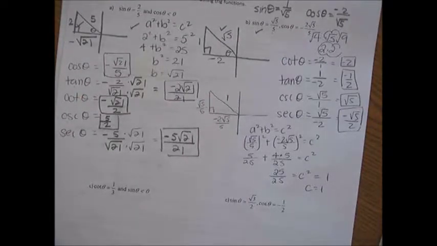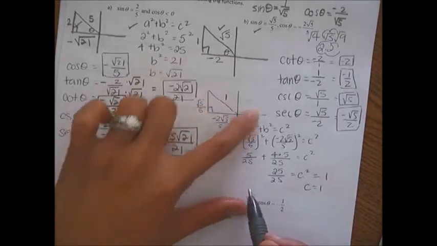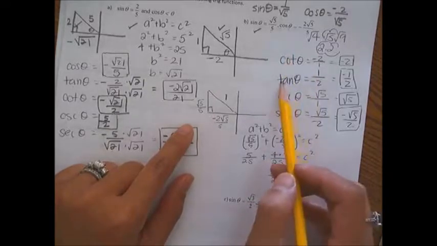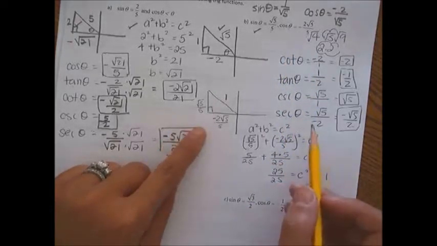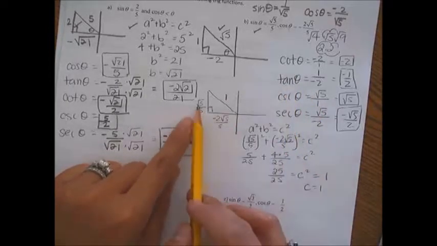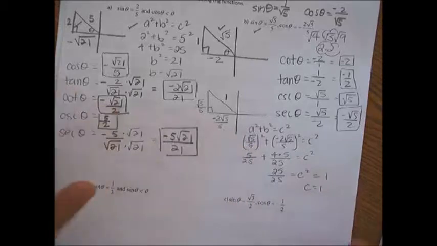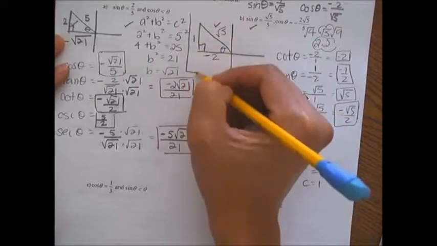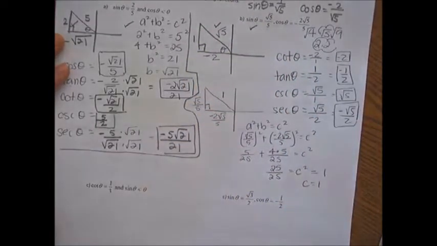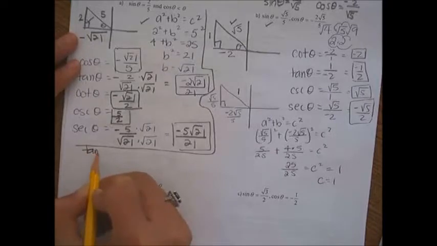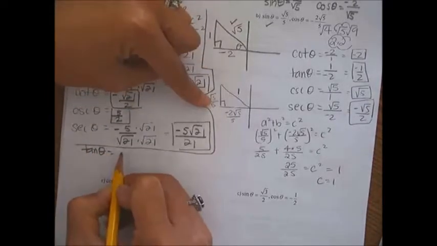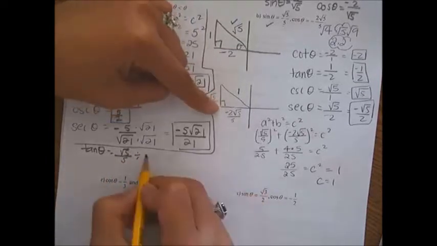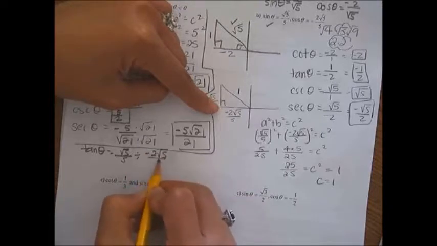So if c is 1, this tells me that this is a unit circle. If this is a unit circle, then let's see what happens when I do cotangent, tangent, cosecant, and secant. So, tangent, opposite over adjacent. Let me create some space here. Tangent of theta equals opposite, which is rad 5 over 5, over, which really means division, negative 2 rad 5 all over 5.